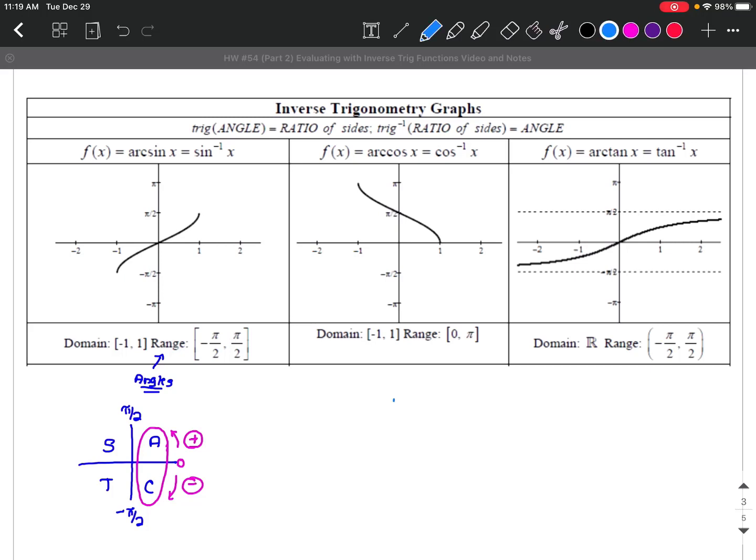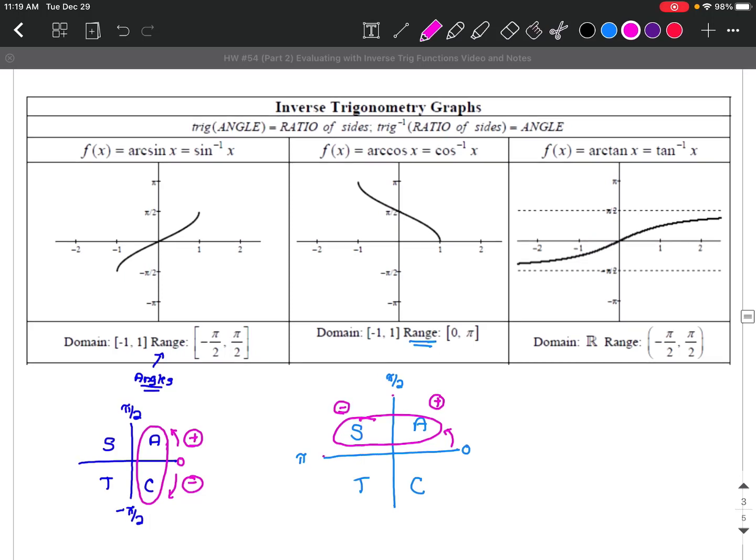Now, if we look at cosine inverse, again, we're going to look at this range. This time we're going from 0 all the way around to pi, because again, all students take calculus. However, we're using these quadrants because in the first quadrant, the cosine of a first quadrant angle is positive, but the cosine of an angle between pi over 2 and pi is negative.